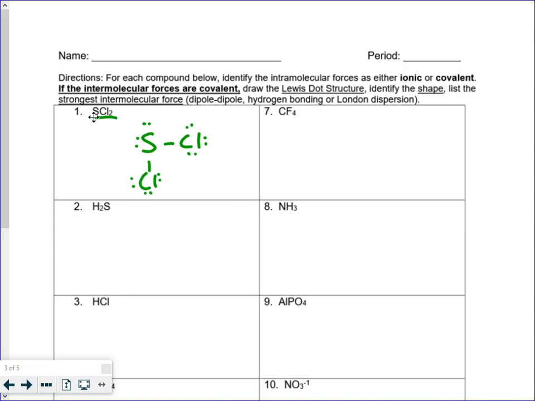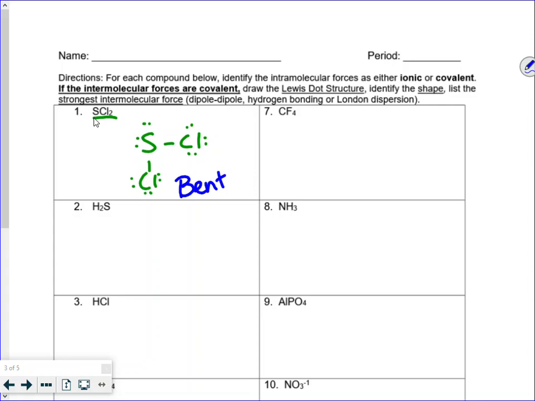If you added it up, there would have been 6 electrons for sulfur, 7 for each chlorine, and it ends up what shape here? Bent, thank you. This is a bent-shaped molecule. It has 2 things attached and lone pairs on the central atom, so therefore it's going to be bent.